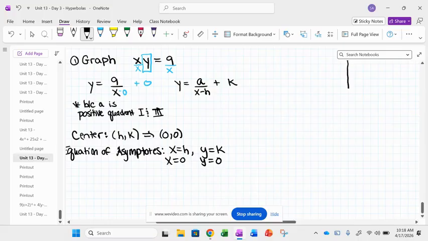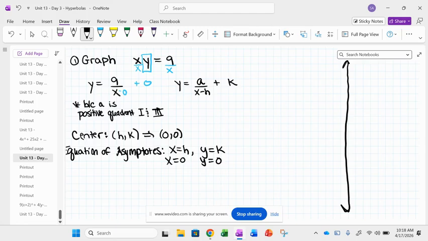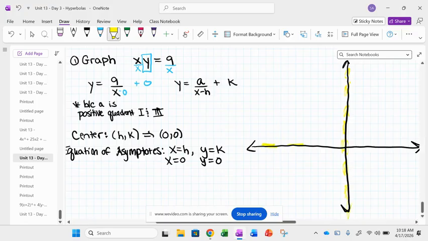All right, I'm going to get my diagram going. Okay, so now we have our asymptotes. We have the center, which is 0, 0. Now I know I'm going in quadrant 1 and quadrant 3 since it's positive, but now I need to find the vertices.